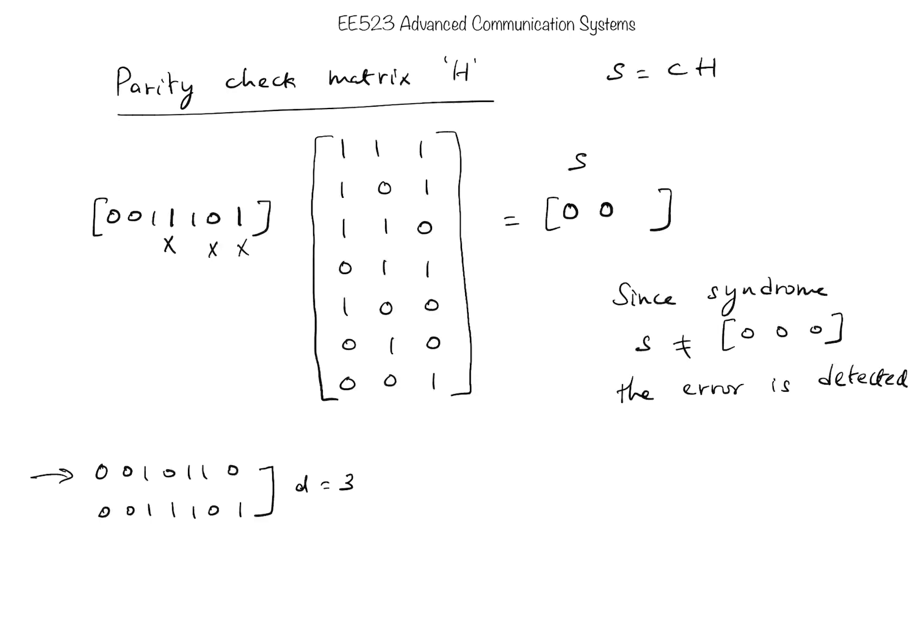And we do the same thing for the third column now. 0 into 1 is 0, 0 into 1 is 0, 1 into 0 is 0, 1 into 1 is 1, 1 into 0 is 0, 0 into 0 is 0, 1 into 1 is 1. So 1 plus 1 is 2, modulo 2, that is also 0.